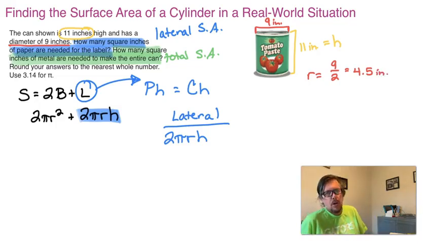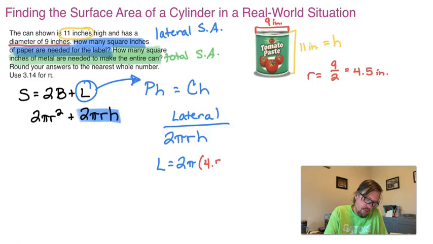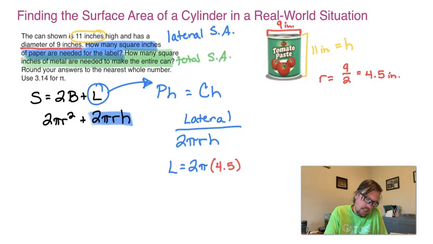Cool. So the first part, to find lateral surface area, all we're going to do is some substitution. So our lateral surface area is 2 pi times the radius, which we just calculated as 4.5, times the height, which the problem tells us is 11.